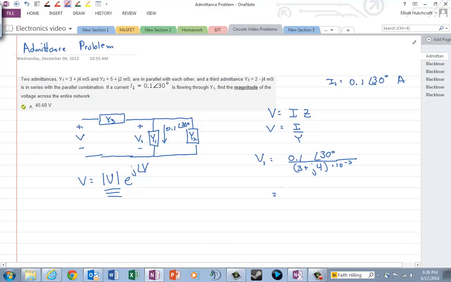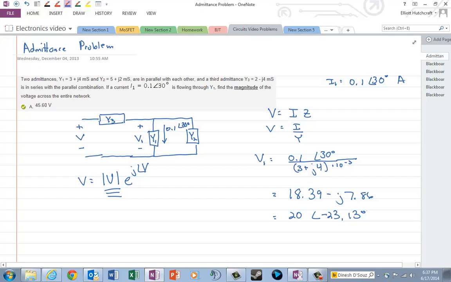Okay, when I calculate that, I get 18.39 minus j7.86, which of course I could convert to polar form and get 20 angle minus 23.13 degrees. Okay, so that gives me V1.